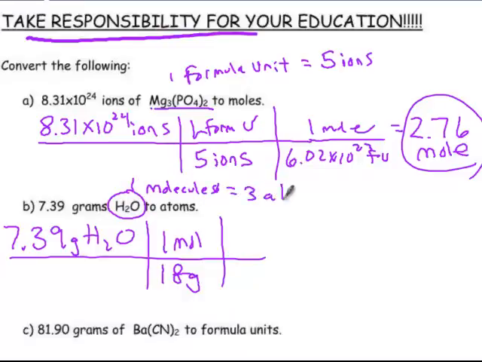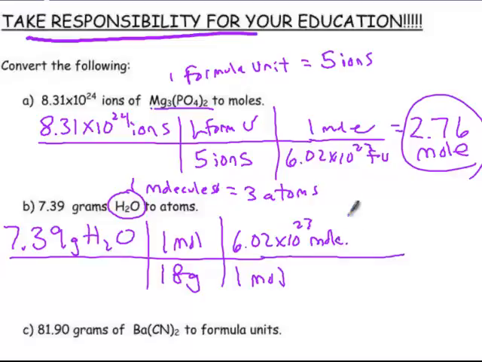Well, 3 atoms total. 2 atoms of hydrogen and 1 atom of oxygen. But it just says how many total atoms. So in order to use that, then, I have to get to molecules. So 1 mole, the fundamental unit is 6.02 times 10 to the 23rd molecules. And then in 1 molecule, I have 3 atoms.